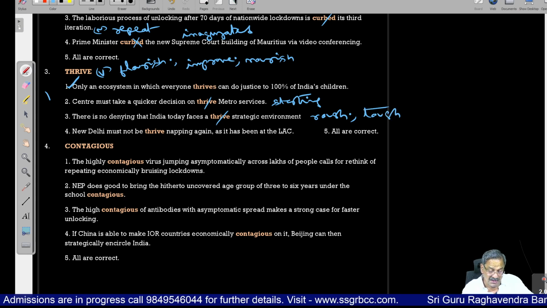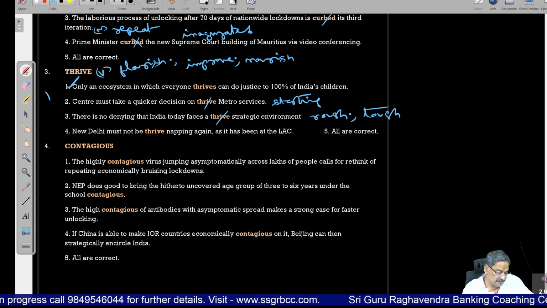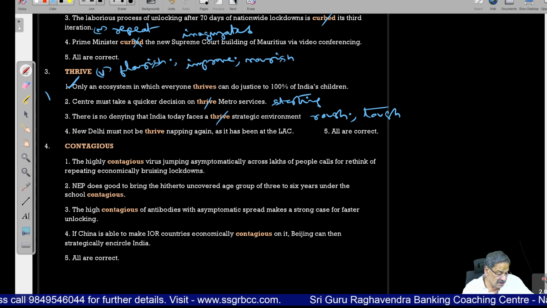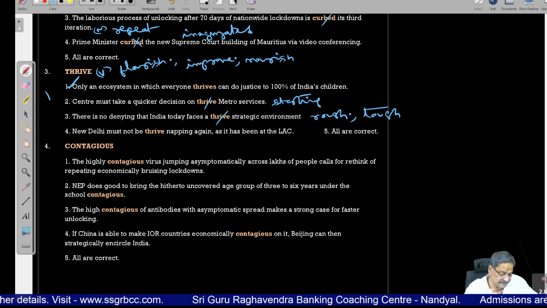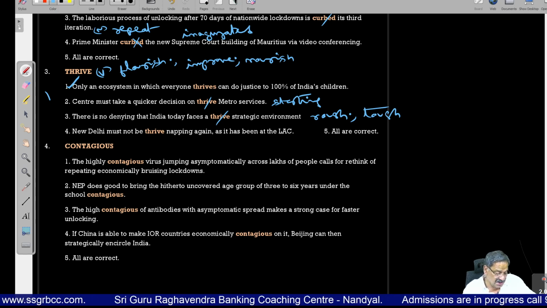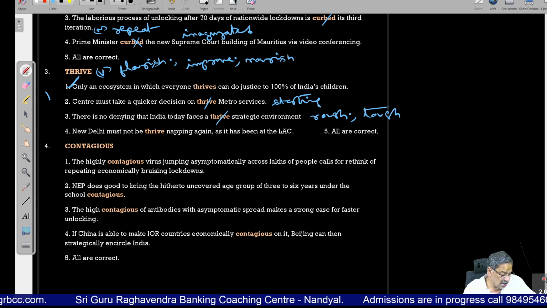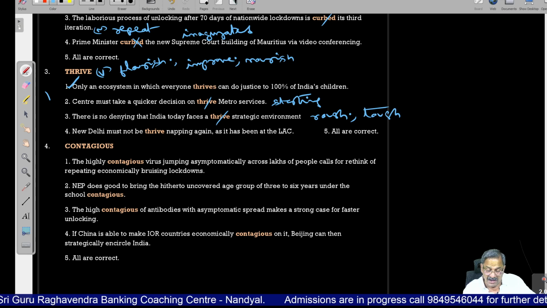New Delhi must not be thrive napping again, as it has been at the line of control. New Delhi must not be dash napping again.